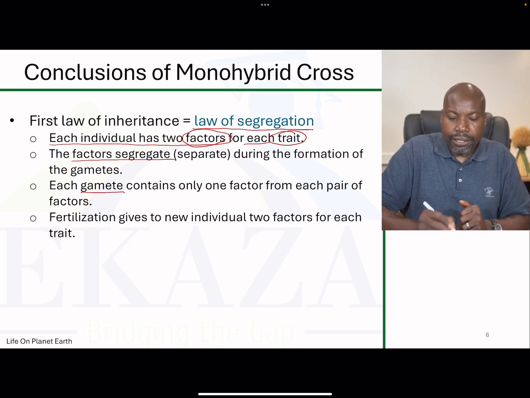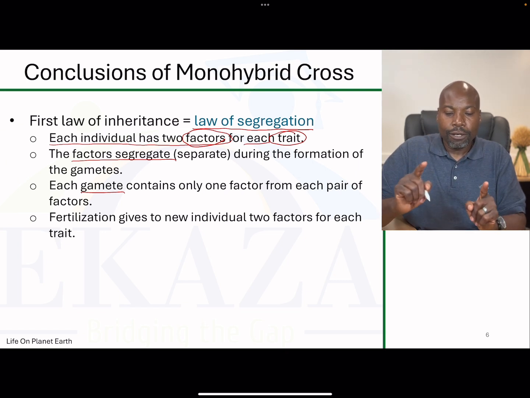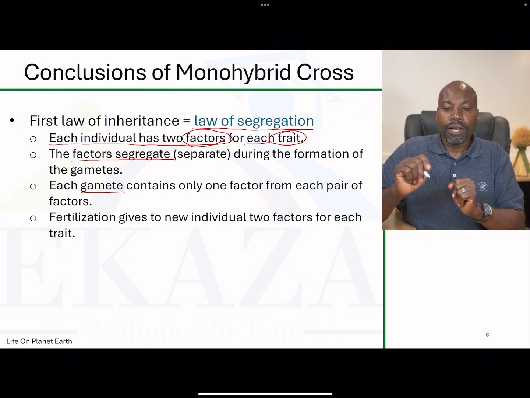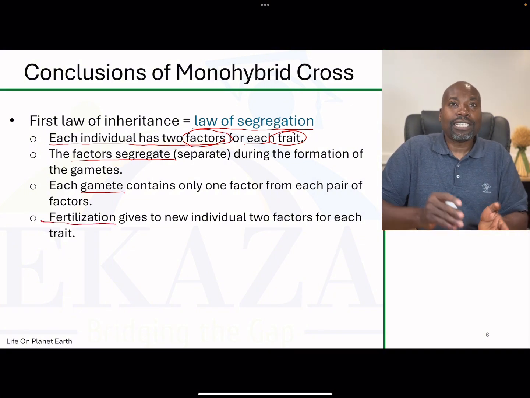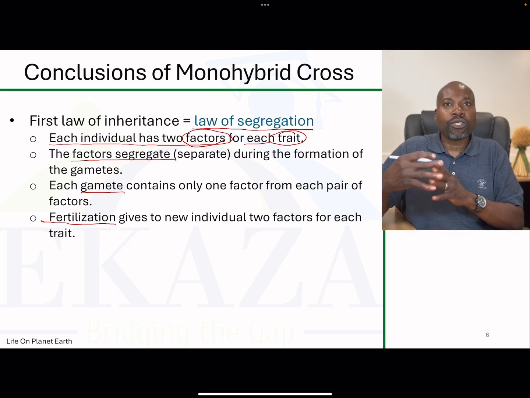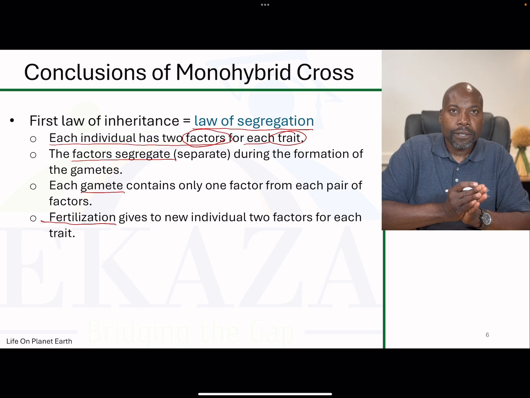And each gamete contains only 1 factor, or 1 allele, for each pair of factors, okay? Fertilization is going to give back the possibility to reconstitute the genetic makeup, right?